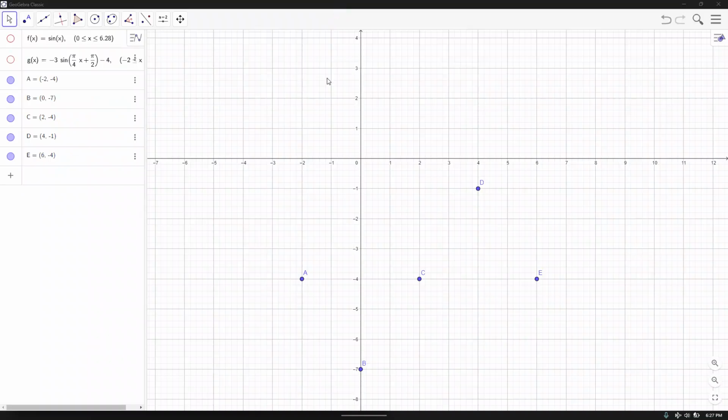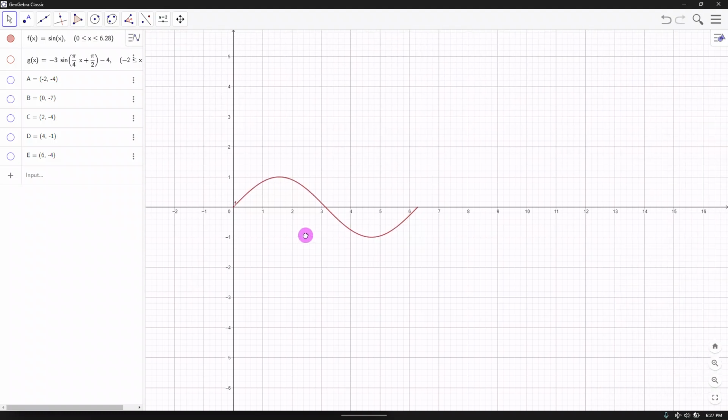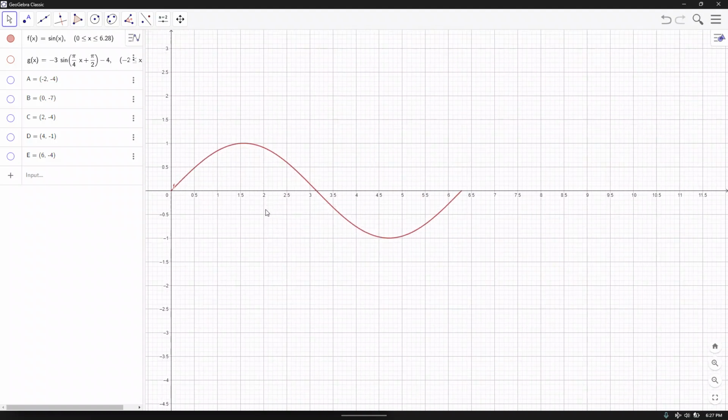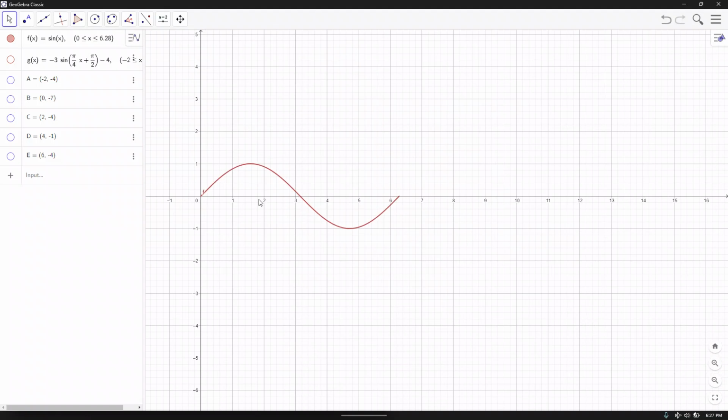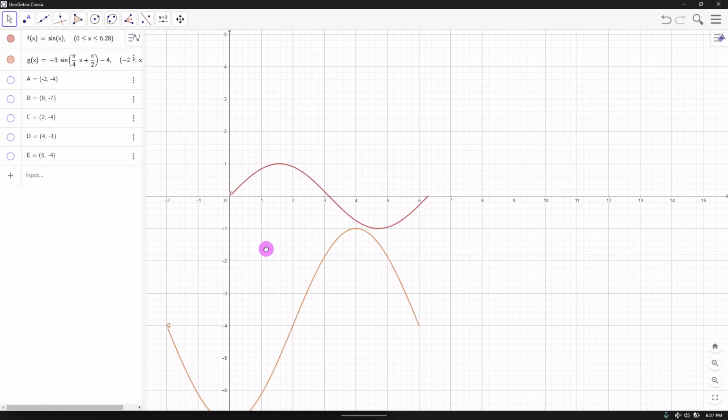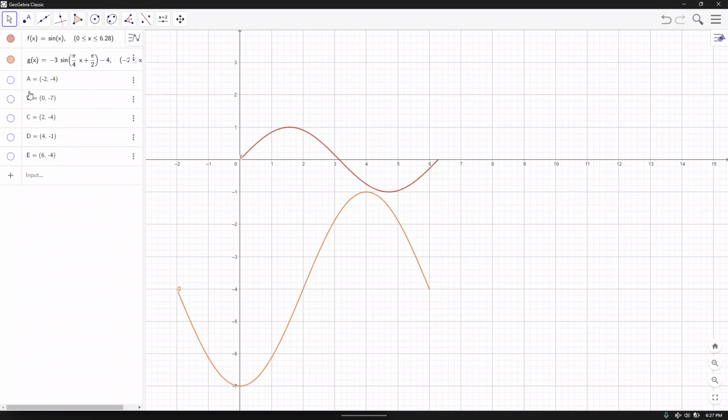All right, so here we are in GeoGebra, and I graphed the key points for the sine function. This is one period of the sine function, and I didn't use pi's and pi over 2's because the shifted function looks kind of weird and has key points that do not contain any pi's.